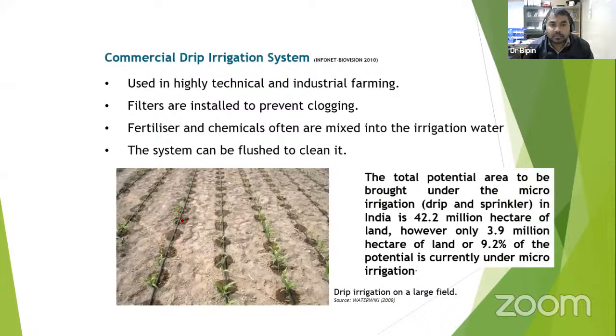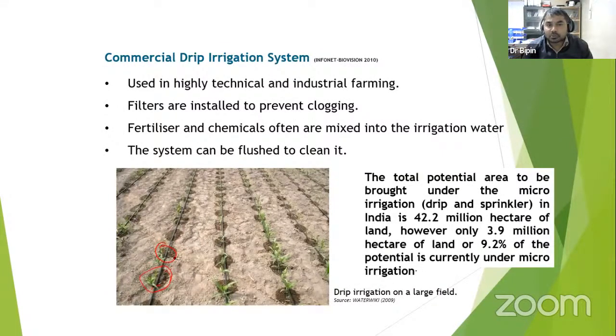Under the drip system, there is an emitter that emits the drop very slowly, and it slowly makes a wetted area around only the crops. So far this is one of the most efficient technologies we have, and you know that this technology was developed by an Israeli engineer.